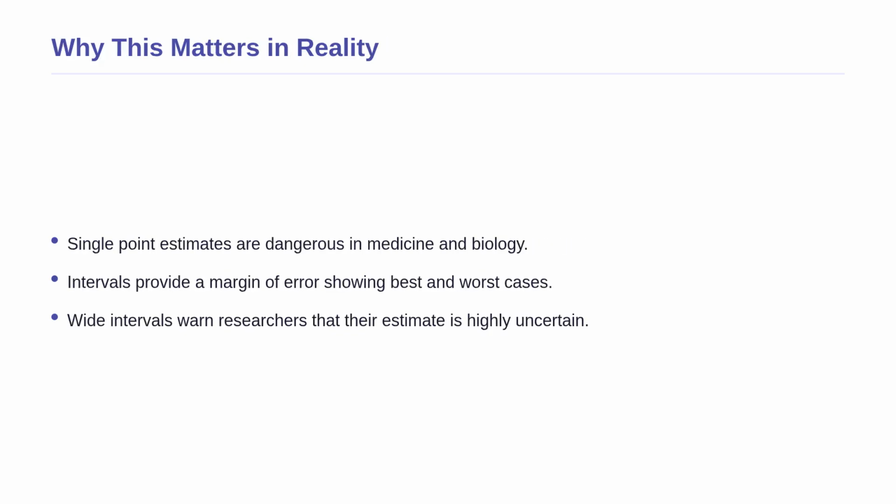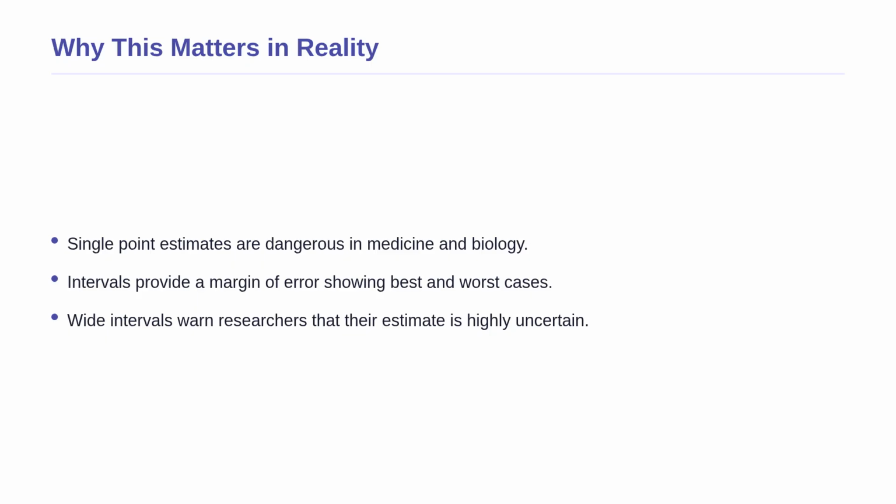Before we look at the math, let us understand why this matters in the real world of biology and medicine. Making decisions based on a single point estimate can be incredibly dangerous. Imagine a new drug lowers blood pressure by an average of 10 points in a small trial. Doctors need to know if that result is reliable for all future patients.